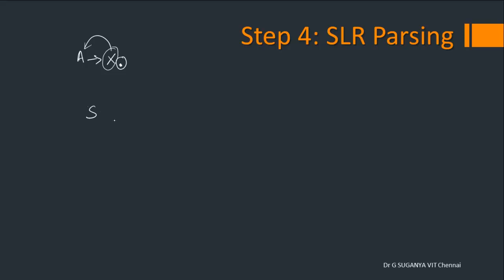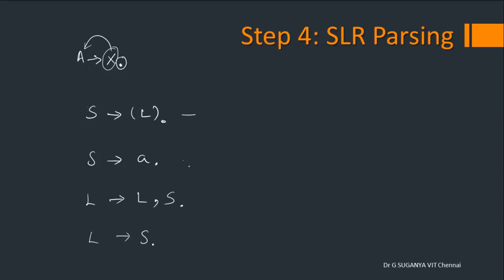So let us write the grammar first. S gives L is 1, S gives A is 2, L gives L comma S is 3, and L gives S is 4. If your computation of LR(0) items is proper, you should have at least one item having a dot in its rightmost position. So where is it found?